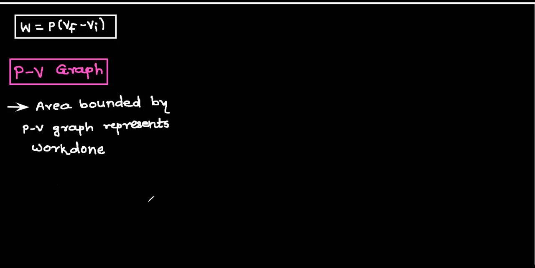So let's see some graphs and how to find the area in each particular case. Okay, so now we are going to see how to find the area. Let's see the first graph.